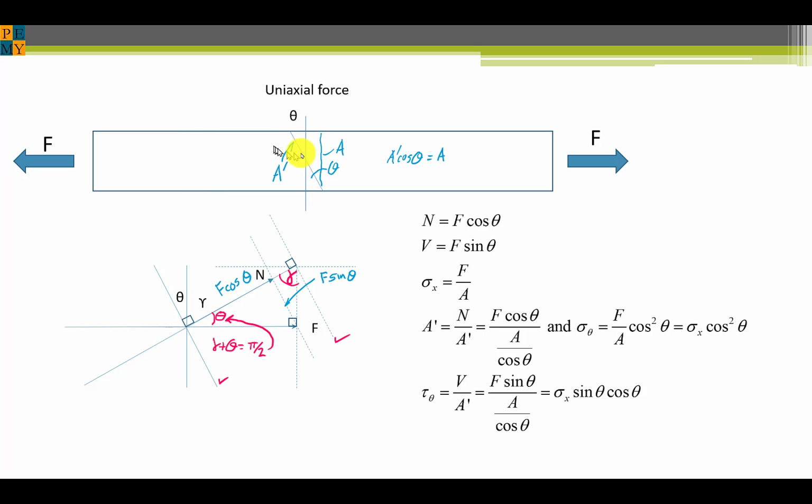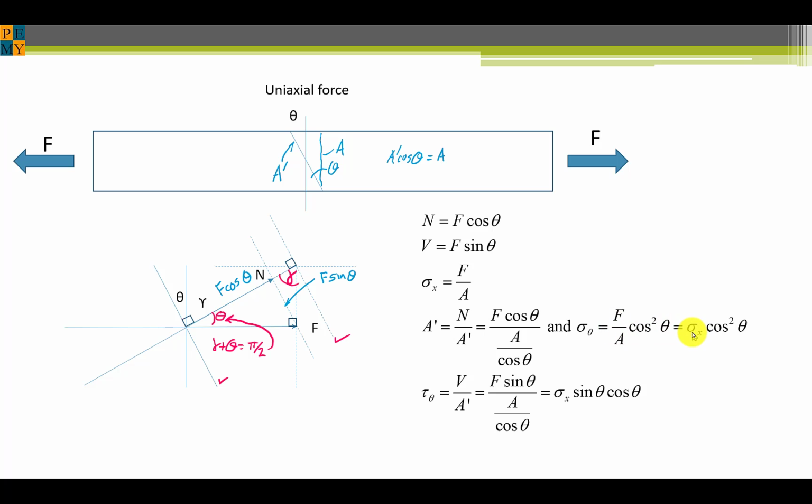And if we look at the relationship between the cross-sectional area A and the slant plane area A prime and the angle theta, we have from elementary trigonometry, A prime times cosine theta is equal to A. If we plug that relationship into here, where we take the normal force on this area, which is A over cosine theta, then we can see that sigma theta, which is the normal force on cut plane at angle theta, is F over A times cosine squared of theta.